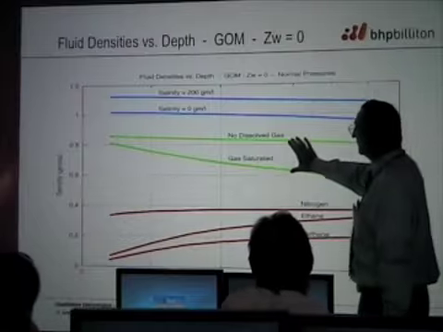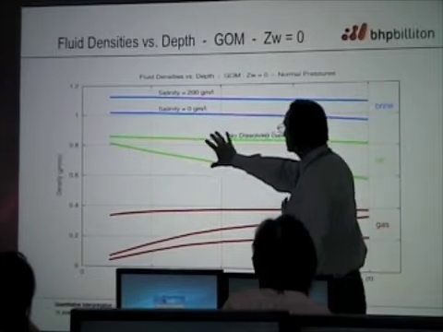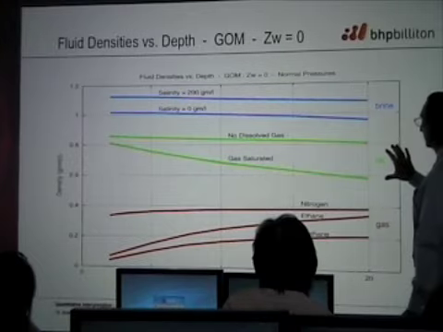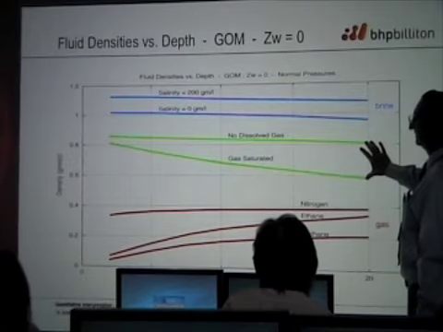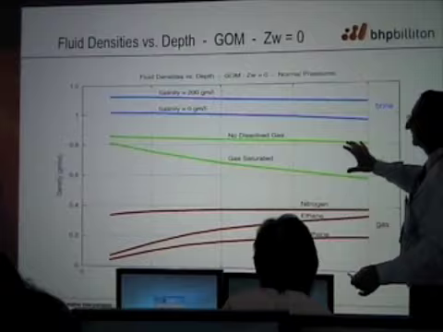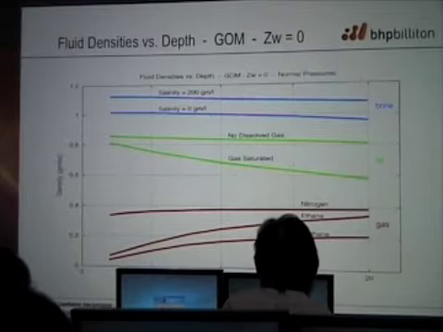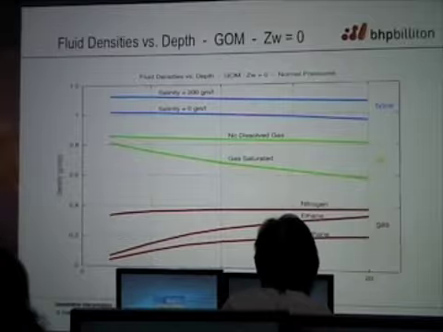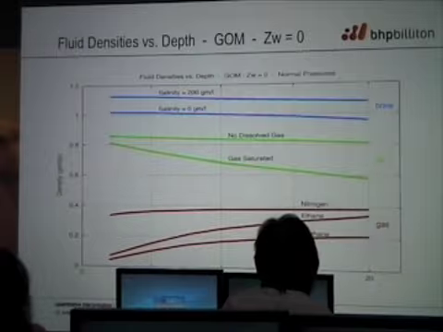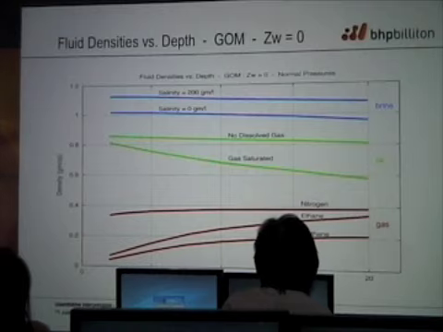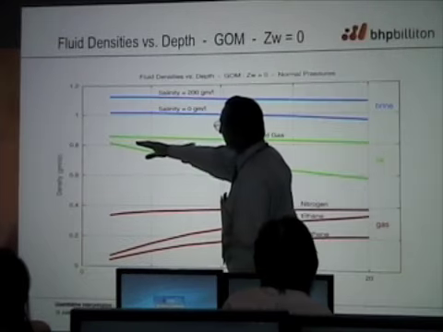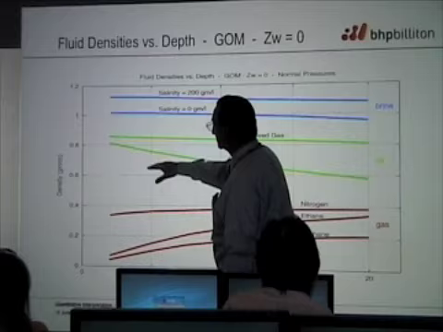What's happening here? Why are these curves diverging? By the way, this is based on some empirical work and is not something you can calculate from first principles. It's more an empirical correlation of data based on physical ideas. Well, what's happening is as you go deeper, you get higher pressure.